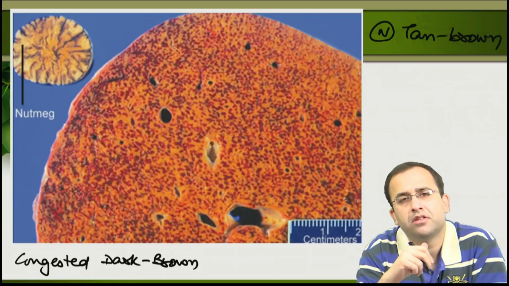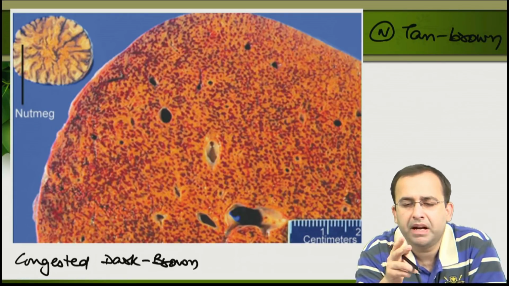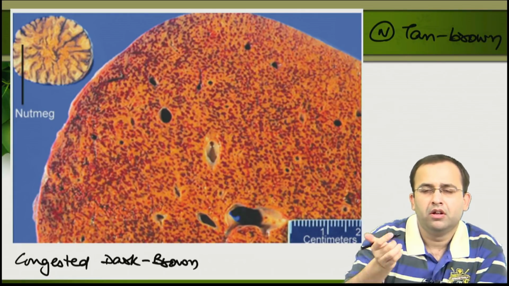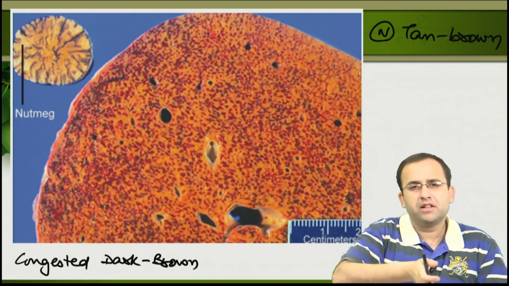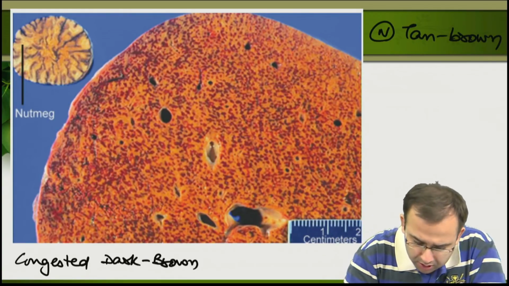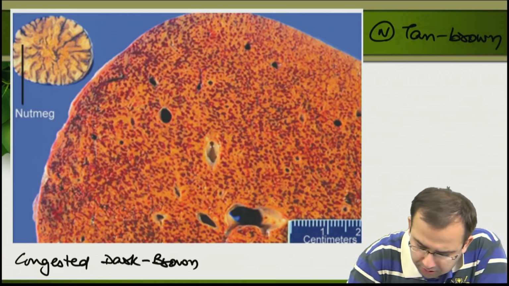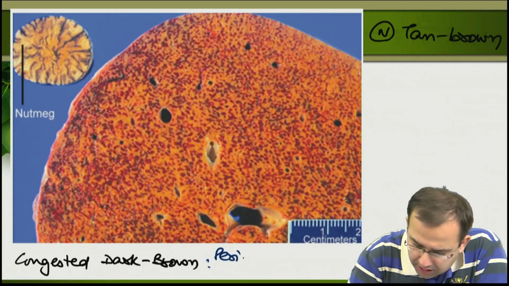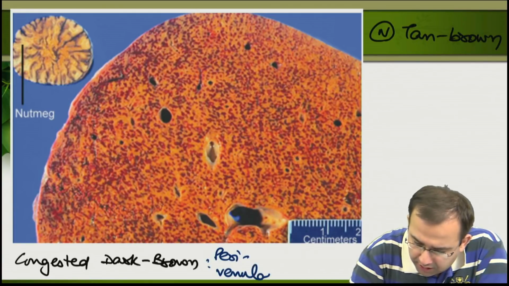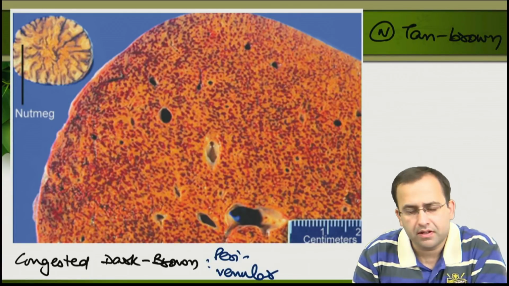Now what is dark brown? Periportal or perivenular? Right-sided heart failure, so venous congestion will be around the central vein. So congested dark brown is perivenular, around the central vein.